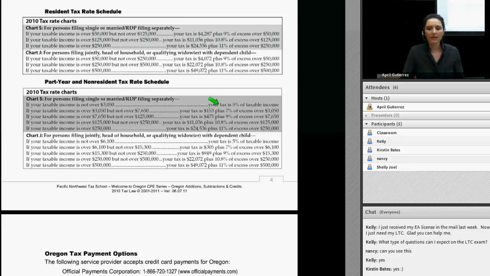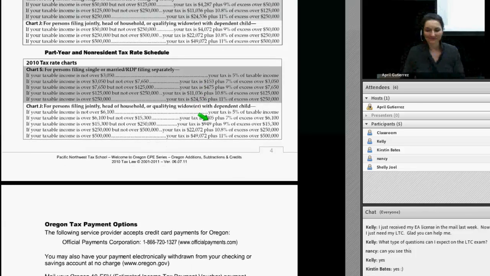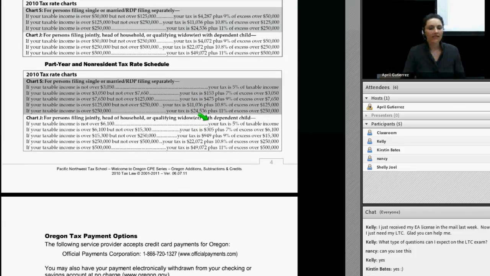So we have 5%, 7%, 9%, 10.8%, and 11%. So I was thinking that there's a 10% bracket. There's really a 10.8% bracket and 11% bracket. And then, of course, you can see in the tables where you cross over into higher income tax brackets.